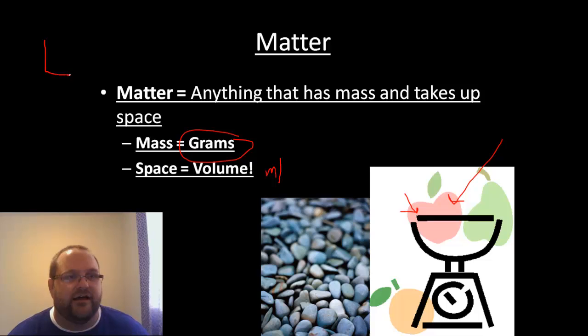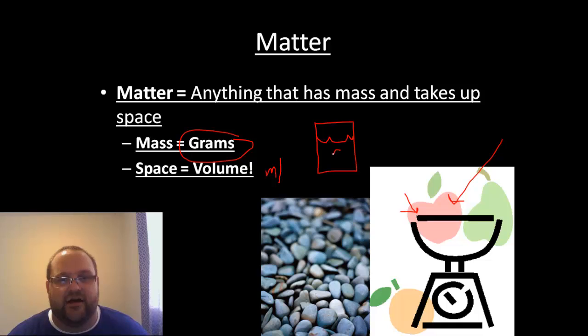If we have a cup of water here, we can put an object in the cup of water. If we were measuring the volume of this object, however much the water rises is how much space the object took up, and we call that displacement. So that's a way that we can measure volume.